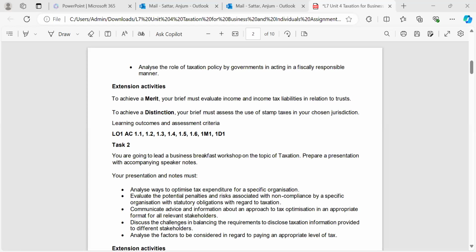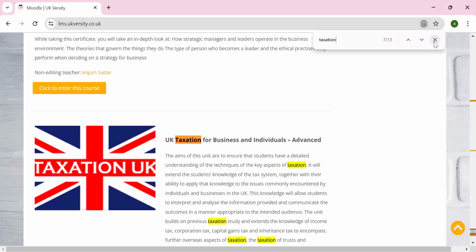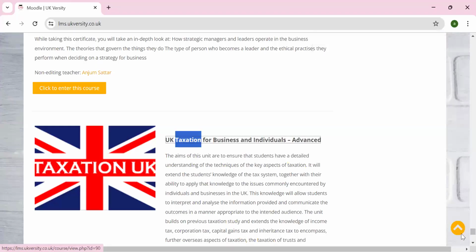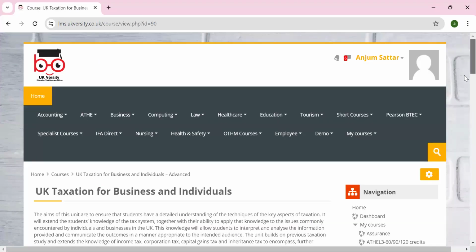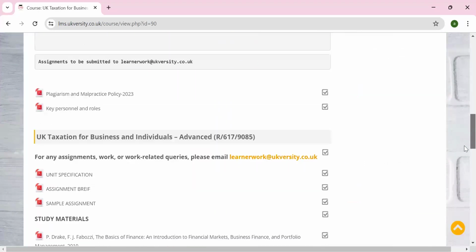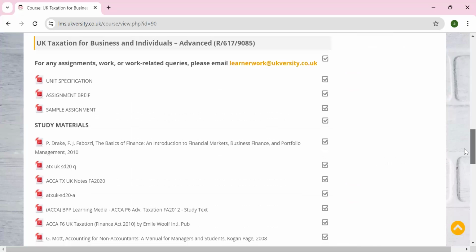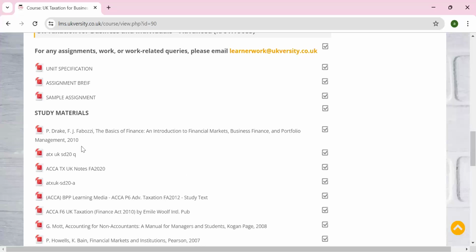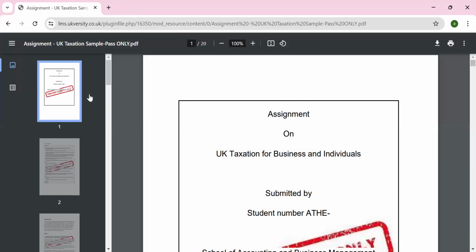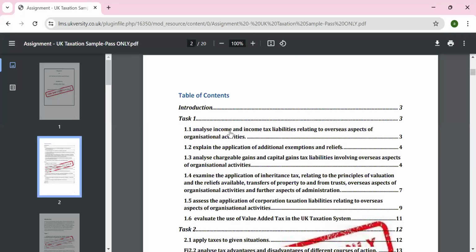If we log in here, and of course we're looking at this unit, then if you look within, you've been given the unit specification and some sample assignments. This is one of the sample assignments.